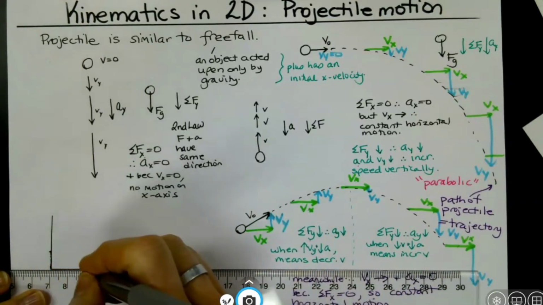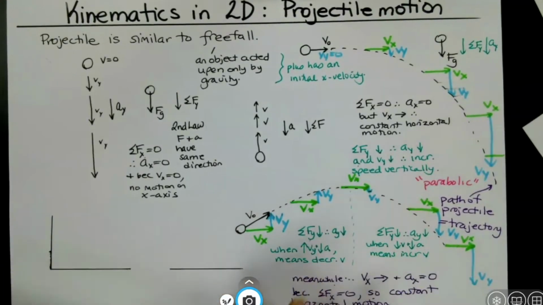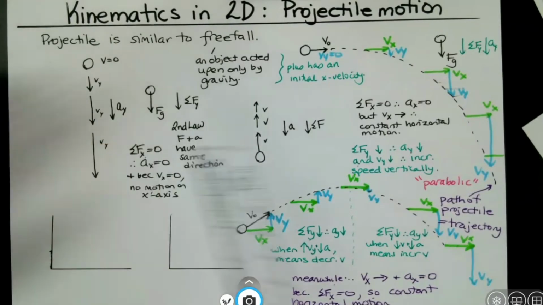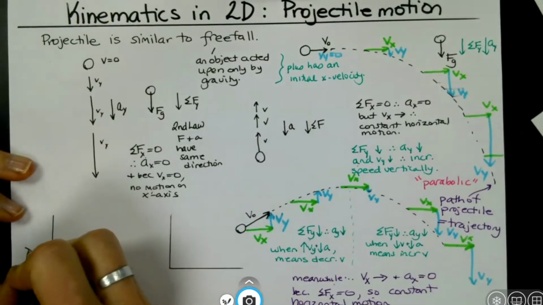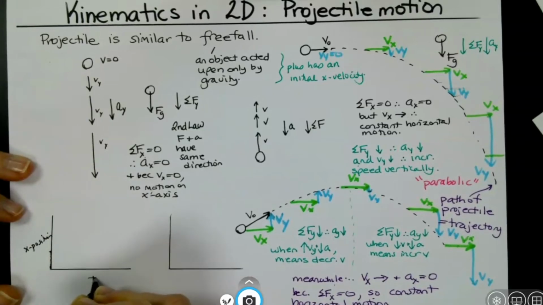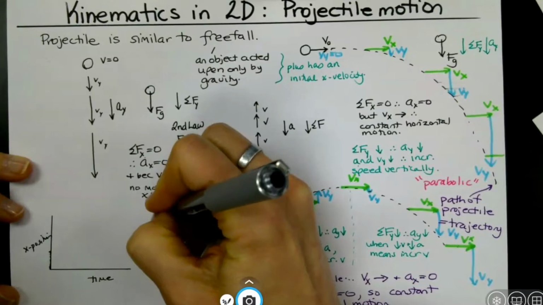And since we have two axes to talk about, we're going to talk about graphing on both axes. So we're going to have our x position and time, and y position and time.